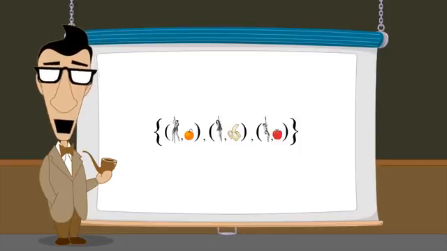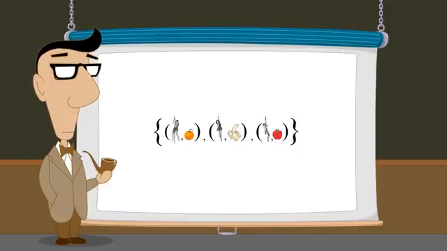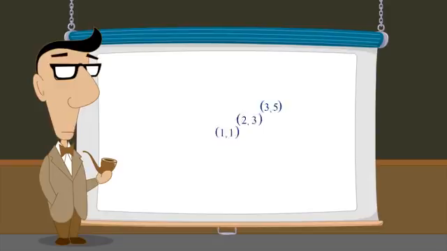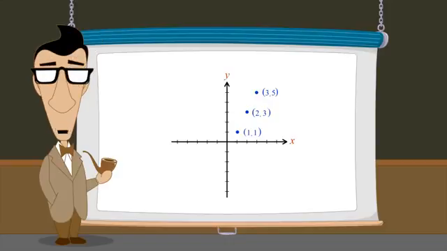However, in algebra, a function's domain and range are typically sets of real numbers. Therefore, its graph will be ordered pairs of real numbers, which can be represented as points on the Cartesian plane. In the next lecture, we will take a closer look at these numeric functions and their graphical representations.